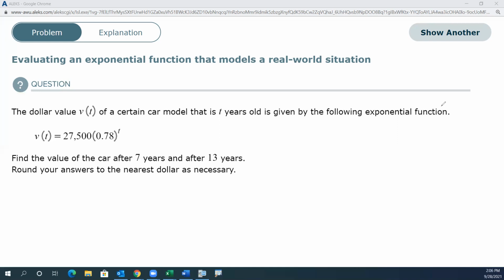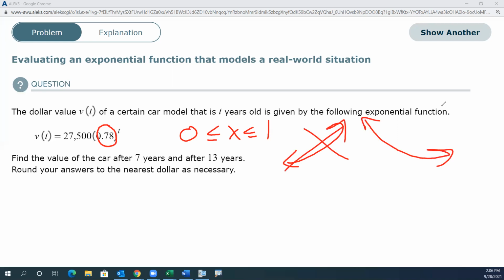Now notice the base of the exponent. It is between 0 and 1, which means that the function is not increasing, the function is decreasing. Well, that makes sense because the function measures the value of the car, and the value always goes down, unless you got some fancy classic or something, but even then, not at first.